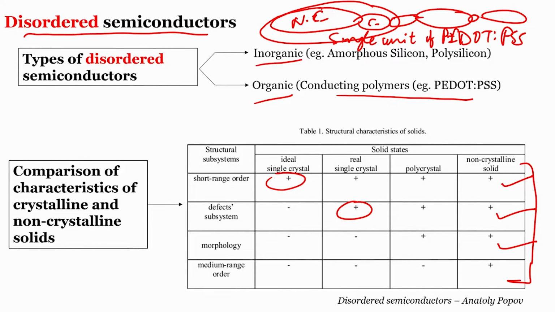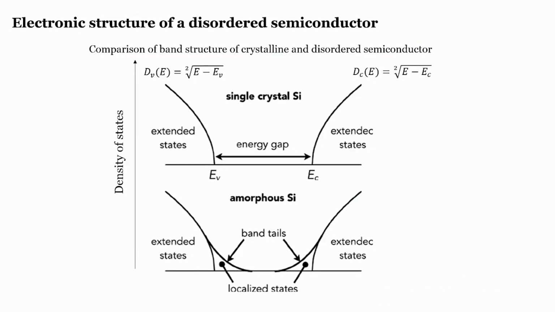So let us see how does it translate to electronic band structure. This is a very familiar diagram, most of you would be aware of this, that how in a single crystal silicon, intrinsic silicon, I have not doped anything in this, the conduction band and valence band are starkly defined, and there is nothing in between.